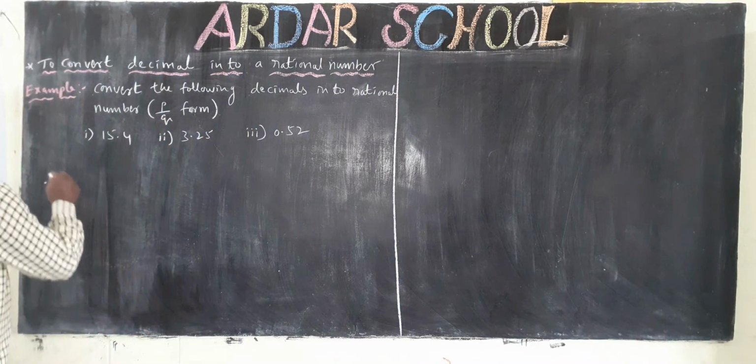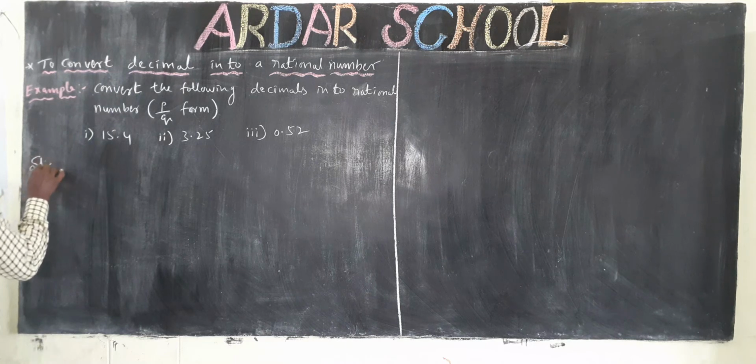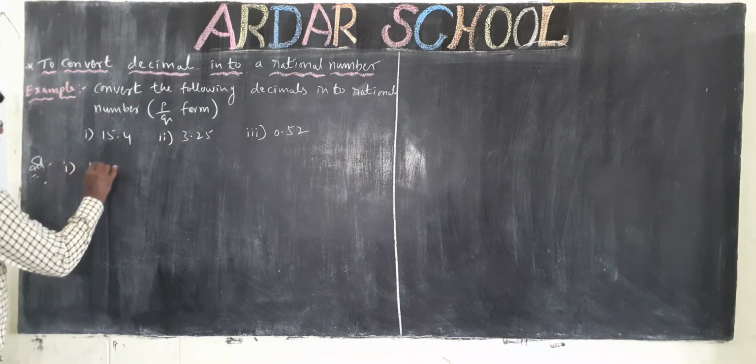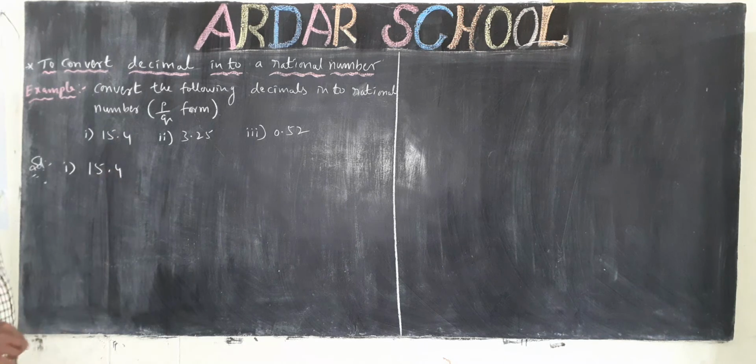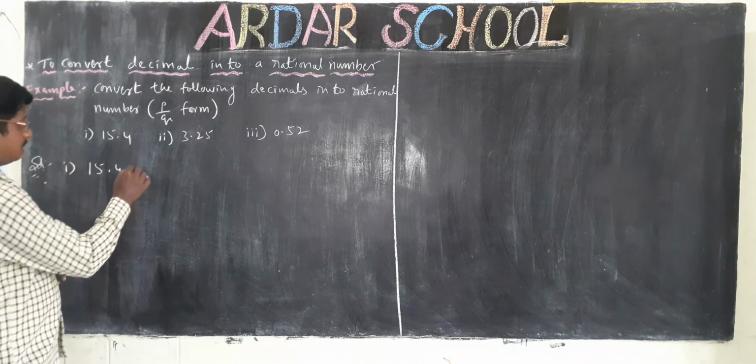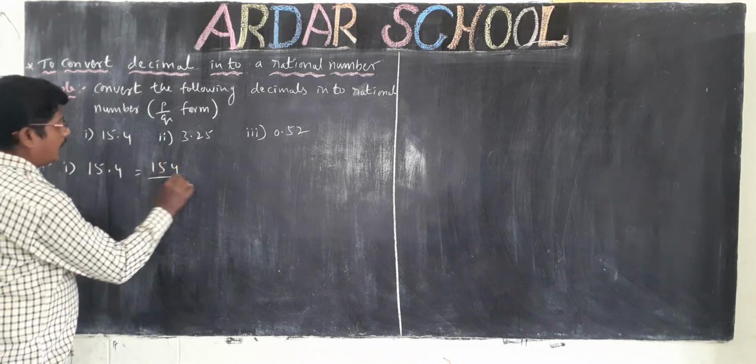Take the first one, 15.4. 15.4 can be written as 154 by 10.